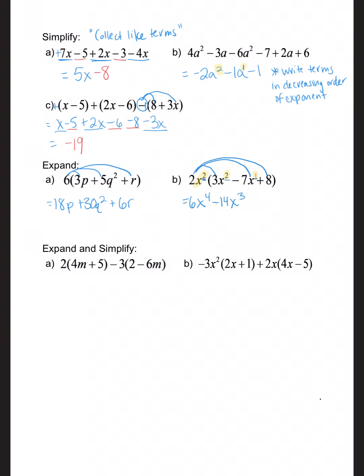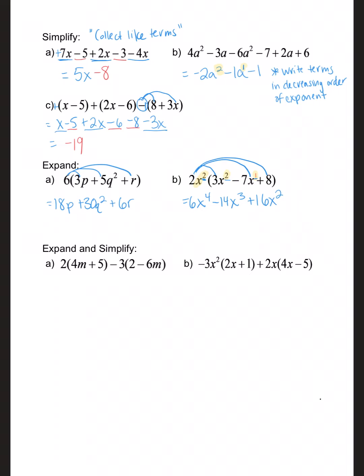And then finally, 2x squared times a positive 8 is going to be a positive 16x squared. So in these examples, we just expanded. There was nothing to simplify because we don't have any like terms. But let's look at expanding and then simplifying if we have any like terms.